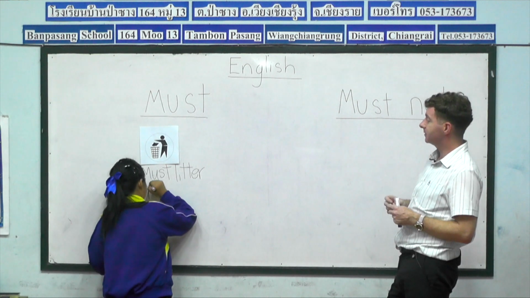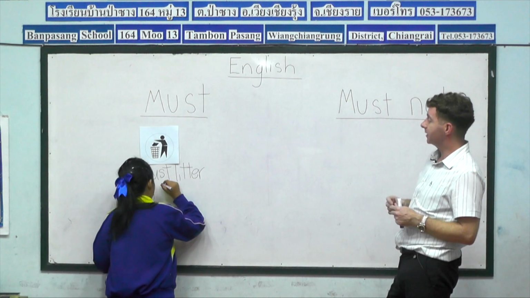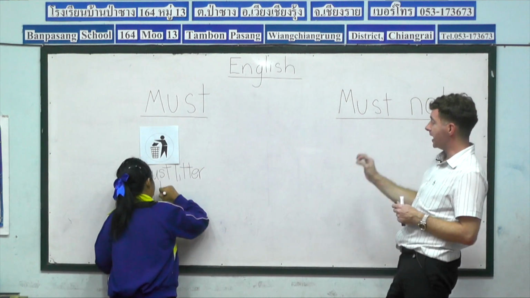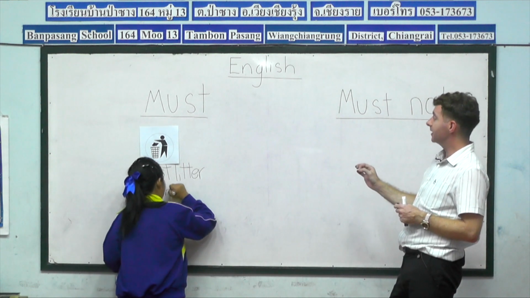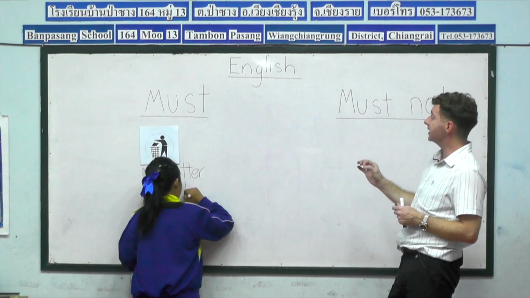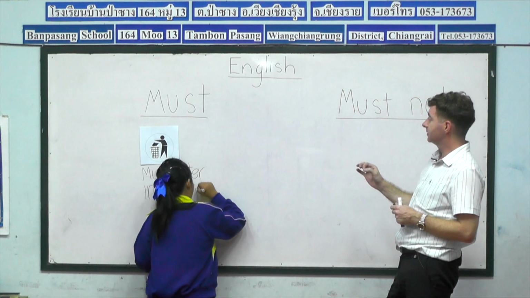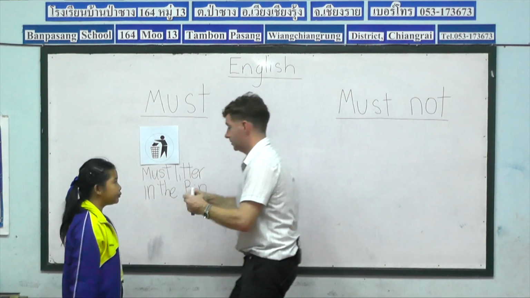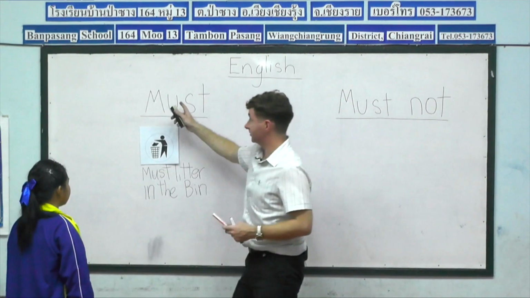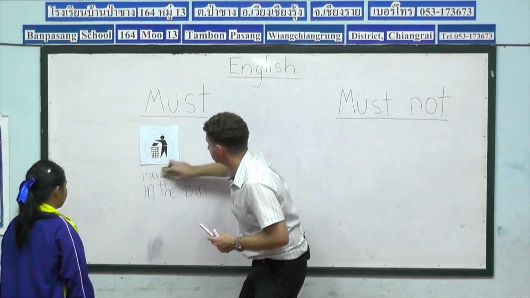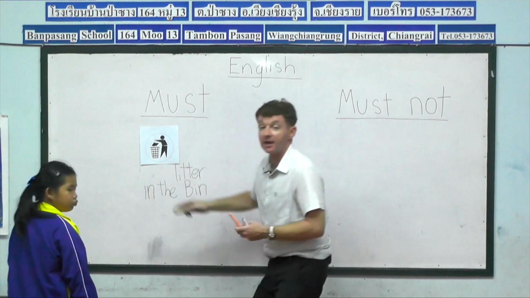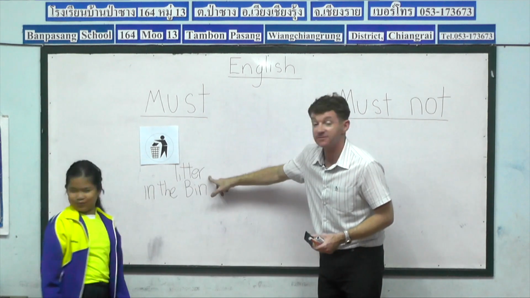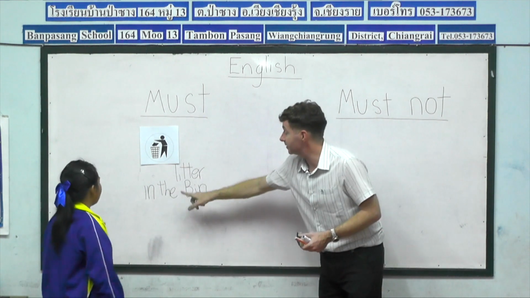I-N, T-H-E, B-I-N. Excellent, that's great. But what we'll do, because we have the word must already, no need to write must again, guys. We can just say our phrase, litter in the bin.